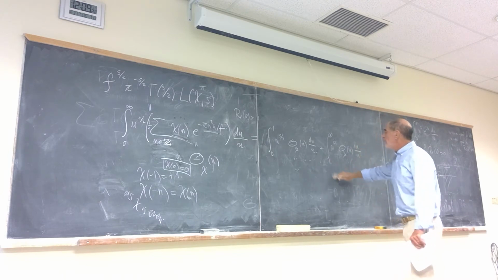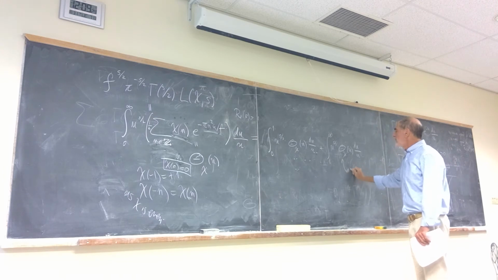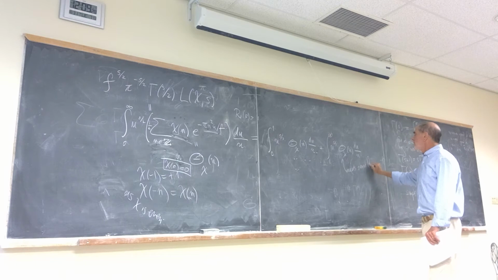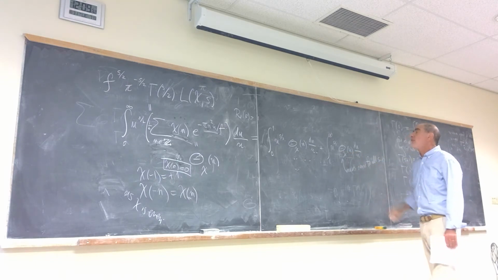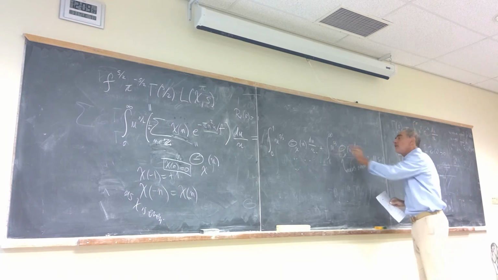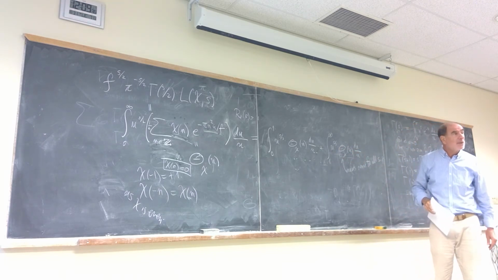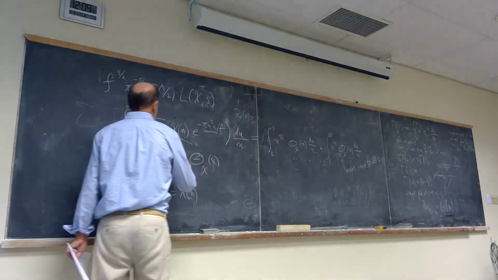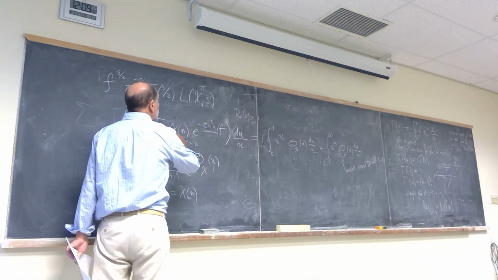And he observes that this makes sense for all s, because this function has exponential decay, and so it decays faster than any power of u, just like the gamma function. That's why it's critical that we take a non-trivial character so that we don't have the term n equals 0 here.